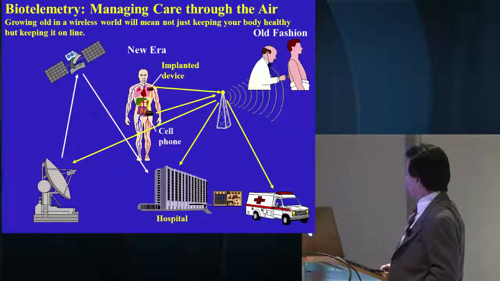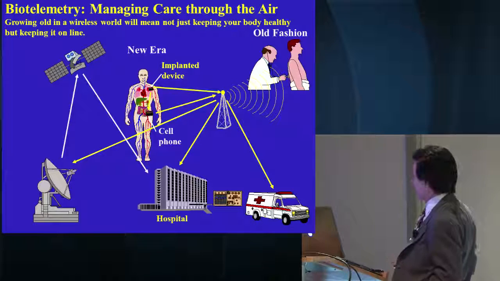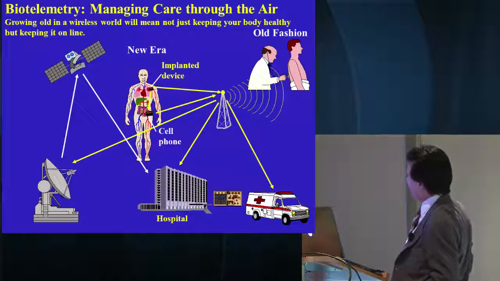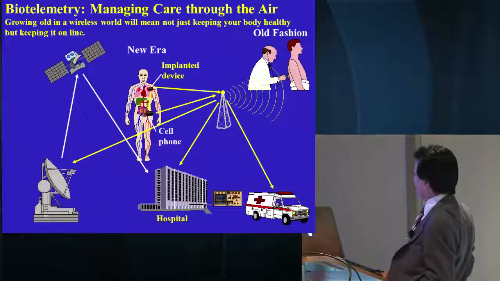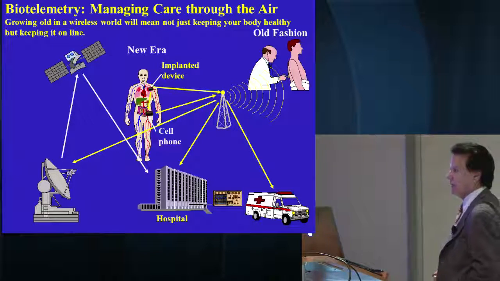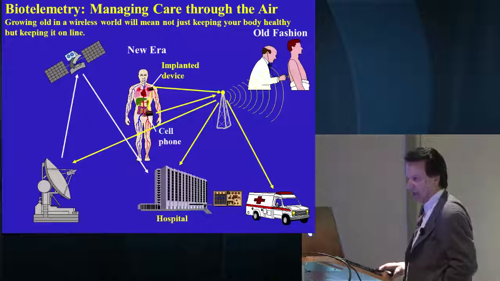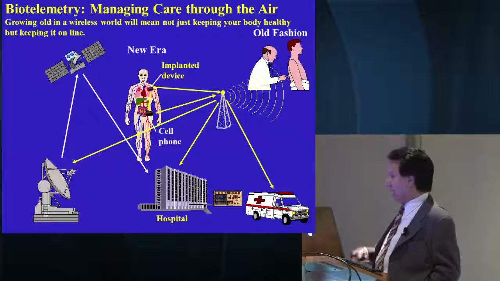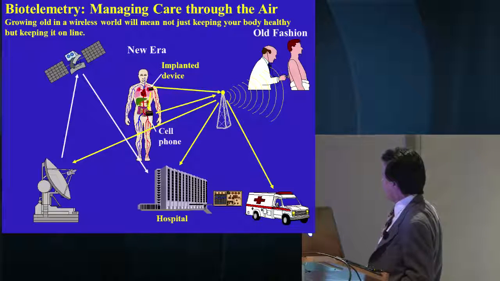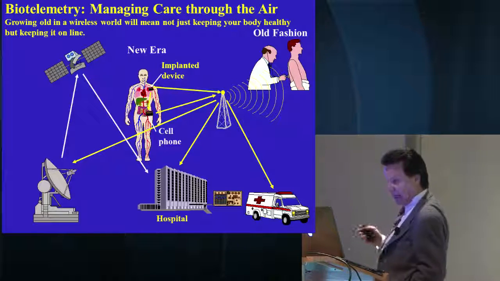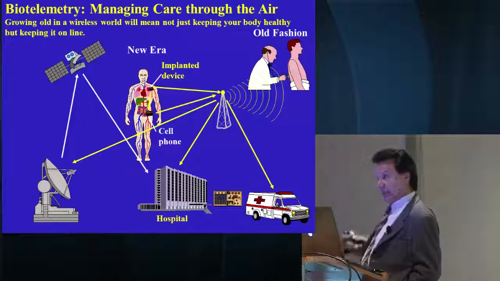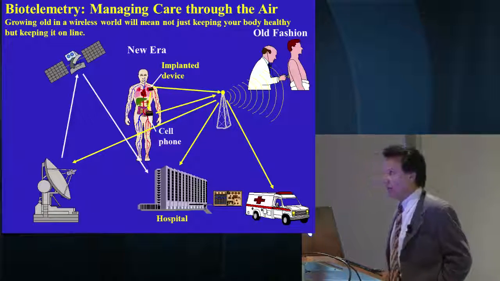And one scenario people have looked at could be implanted devices or others. They communicate with your cell phone, and your cell phone may communicate with the base station, and ultimately you get connected to your hospital and to your doctors. So the link, understanding the propagation from inside the body to outside of the body, and also understanding how energy propagates along the body, this is a body-centric communication concept.